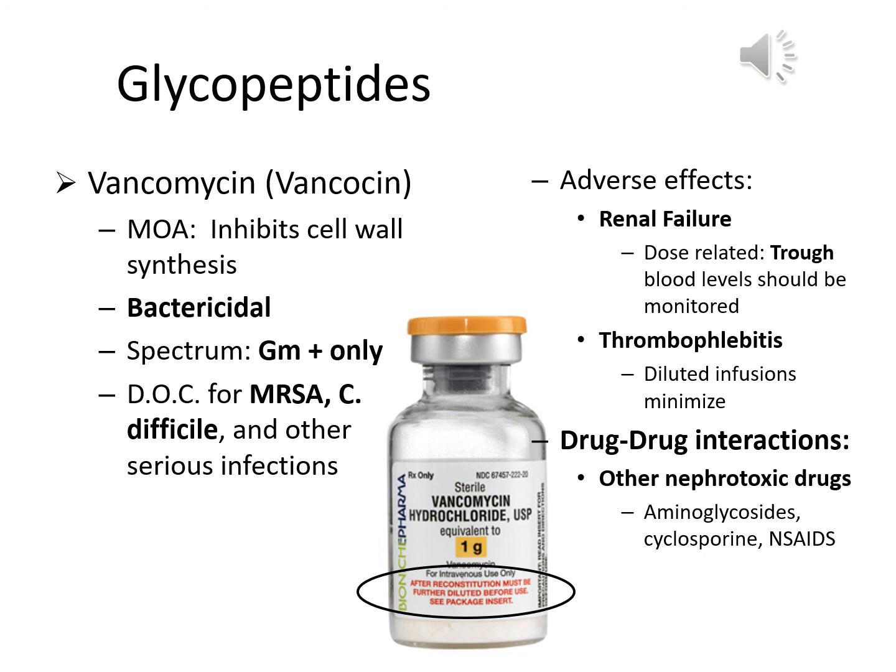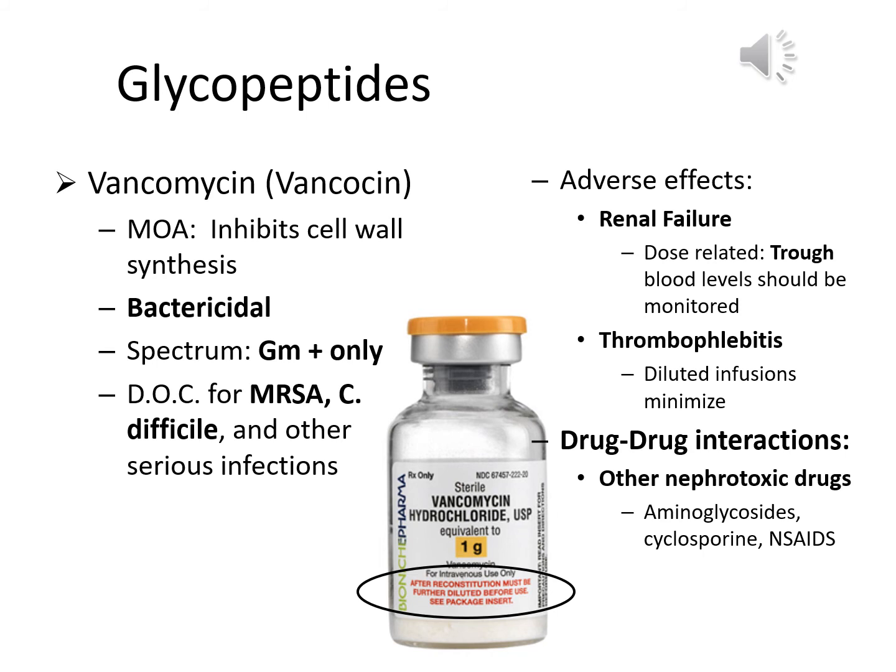The next category of antibiotics we'll look at are glycopeptides, specifically vancomycin, brand name Vancocin. Vancomycin has the same mechanism of action as beta-lactams, so it inhibits cell wall synthesis, and it's also bactericidal, much like most beta-lactams. But it's a narrow spectrum drug. In other words, it's only gram-positive organisms, both aerobes and anaerobes, but primarily gram-positive.